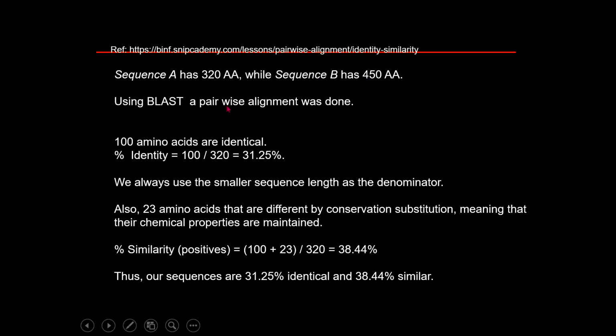When we do BLAST, a software which compares these two sequences, and 100 amino acids are identical, then the percentage identity is 100 divided by the smaller one, which is 31.25%.